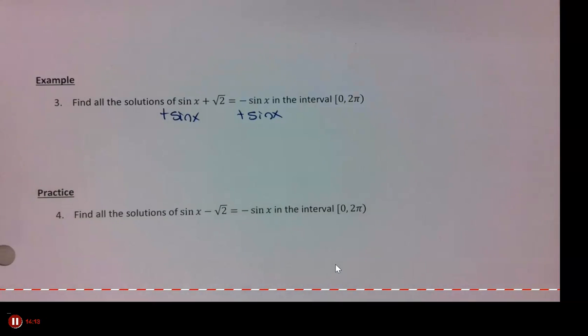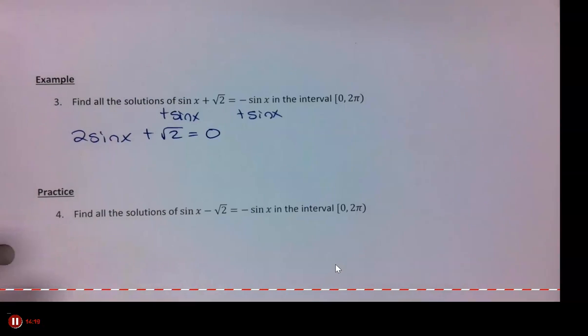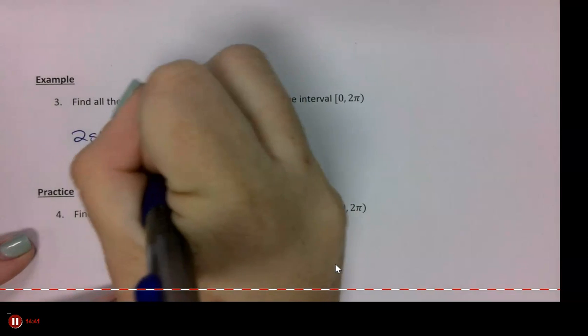So that's going to get me 2 sine x plus the square root of 2 equals 0. Then what do I want to do next? What am I doing?